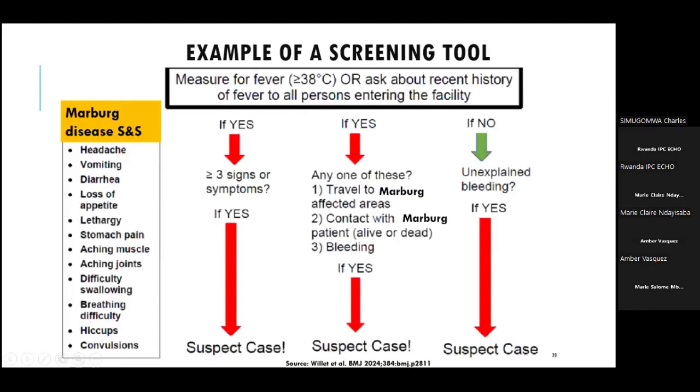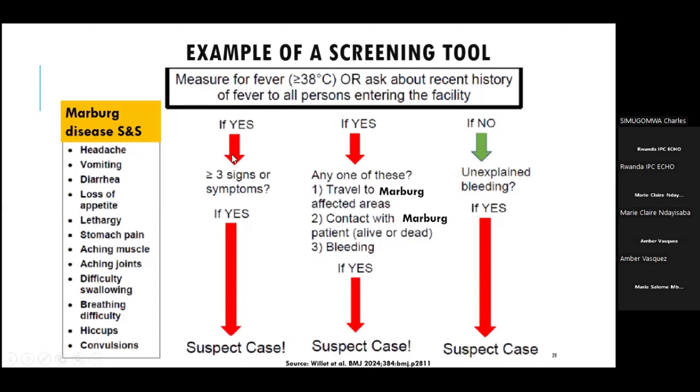So this is an example of a case definition that can be used. As we have said, fever is the key symptom we are looking for. We can measure the temperature and find it is 38 or above, or if it is not available, we can ask about a recent history of fever to the people entering the hospital.